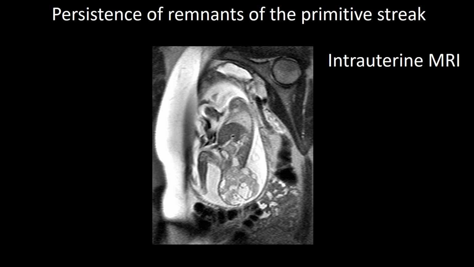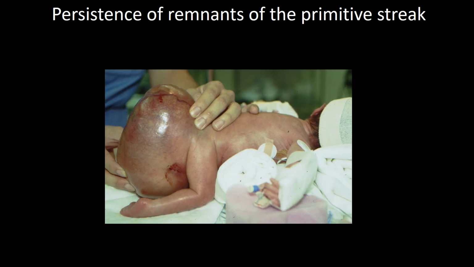This is an intrauterine MRI of a patient with persistence of the remnants of the primitive streak. You can see an abnormal mass. Compare it with the size of the fetus leg. After birth, you can better appreciate the size of the mass in relation to the leg.